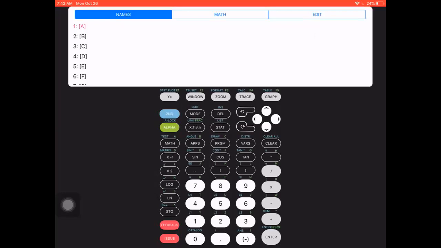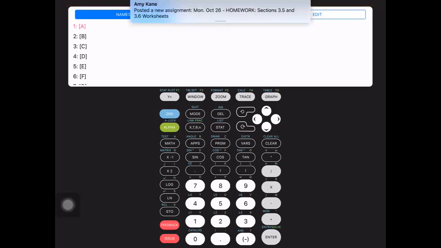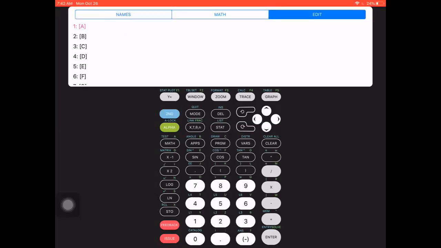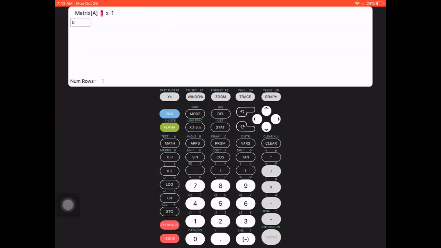If you go to edit, you have to scroll over to the top right, that edit button, in order to go in and put what you want for matrix A. So then you can click enter, and mine's going to look a little bit different than yours, but it brings you to where you put in your dimensions in the top.